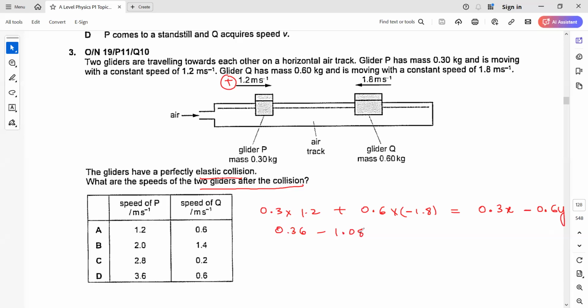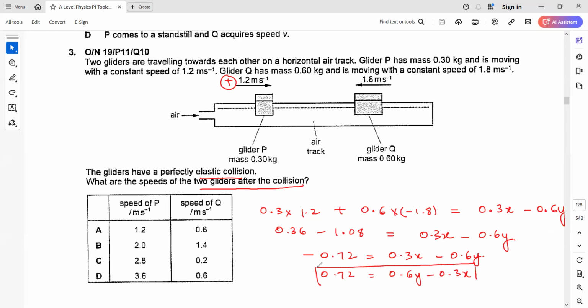Then this would be 0.3x minus 1.08, and 0.36 minus 1.08 is negative 0.72. So I have one equation, and I can also convert it this way: 0.72 equals 0.6y minus 0.3x, right?